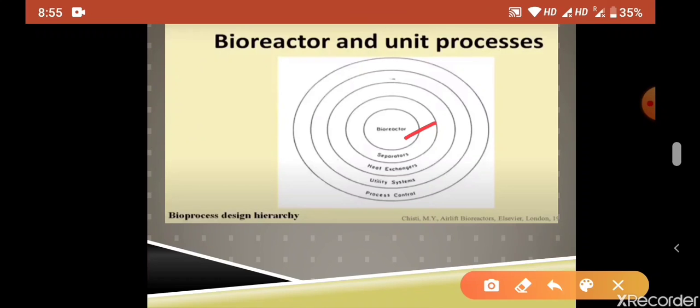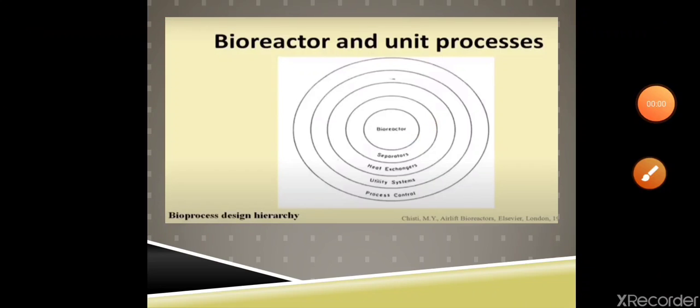To operate the bioreactors and subsequently after the reaction is over, all these processes will be involved in this particular process. So this diagram is the bioprocess design hierarchy.